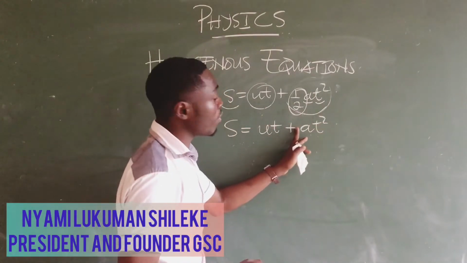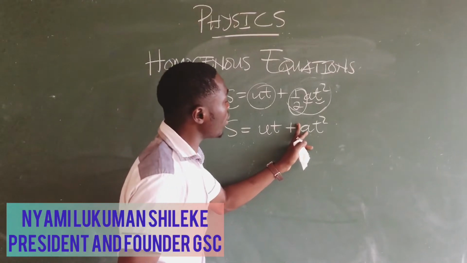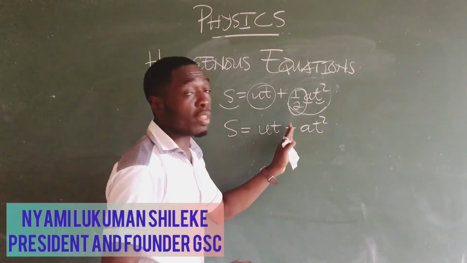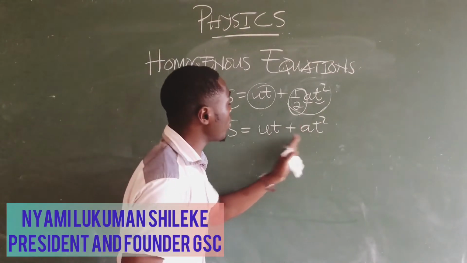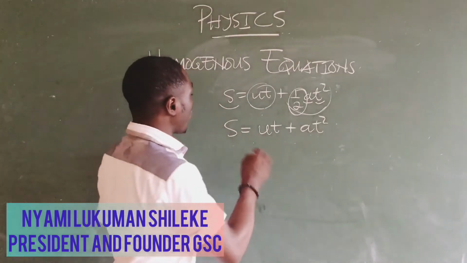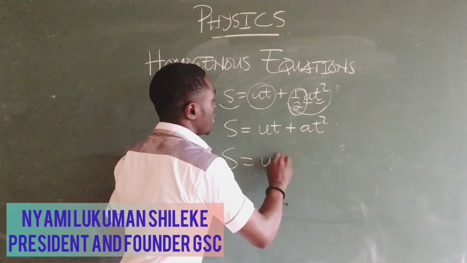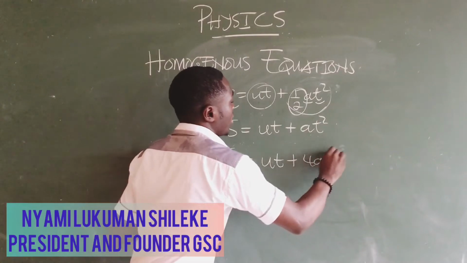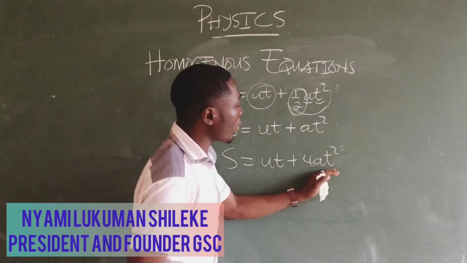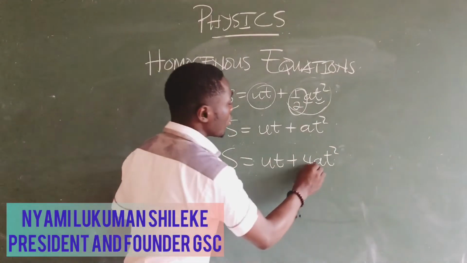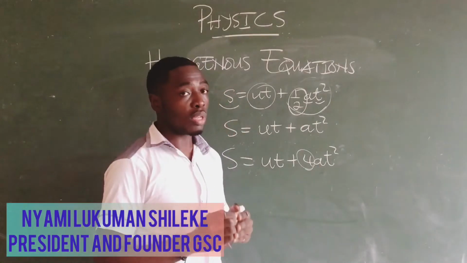So if I remove the half from there, if you were to solve by the method of homogeneity, you will see that each term will still have the same unit. Now if I was to write it as s equals ut plus 4at squared, the equation will still be homogeneous. Why? Because 4 is a constant and it is unitless.